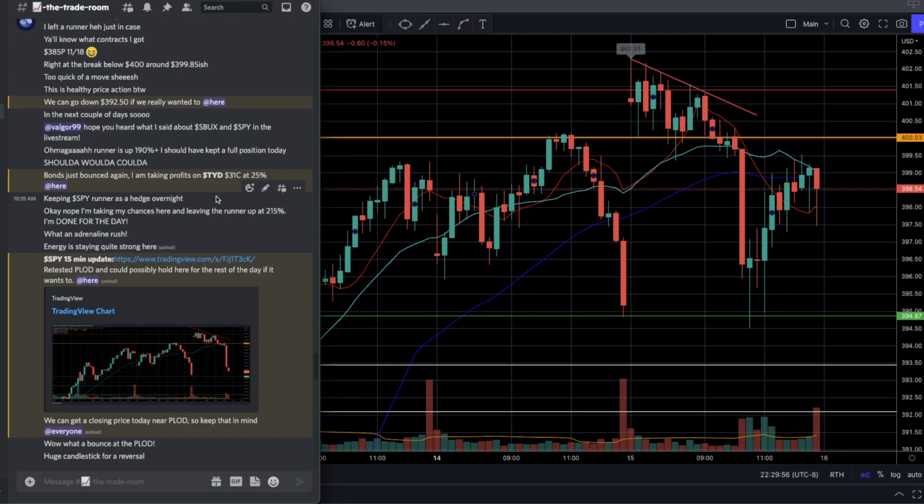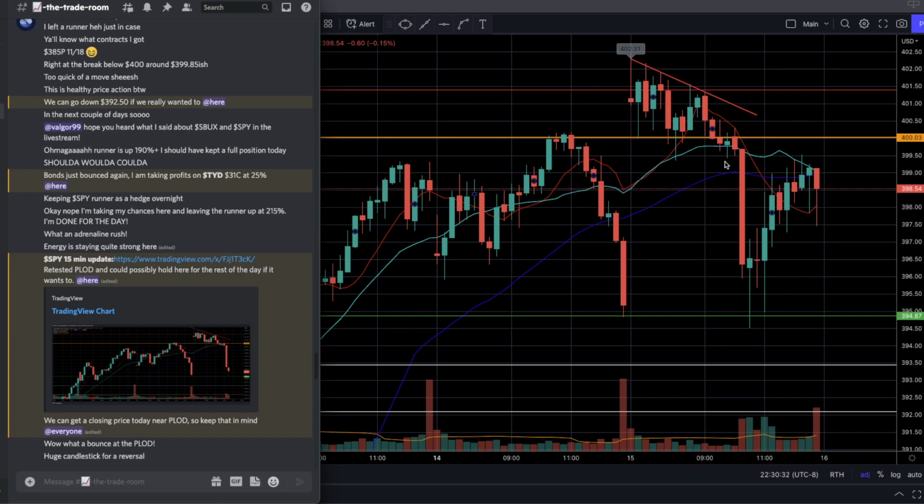The other thing about this SPY put trade to the downside was that I was looking at the bond markets. Even before SPY lost 400 officially, I saw that the bond prices suddenly just shot down from highs. And I was like, whoa, wait a second. What's going on here? So I was being a bit frantic here to go back to SPY and see what was going on. Thankfully, I was able to very quickly go into SPY puts, those 385 puts that expired this week on November 18th.